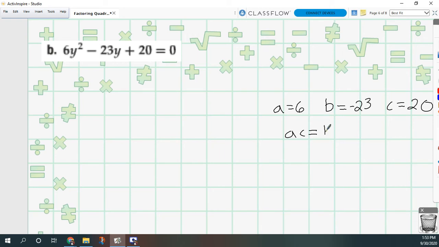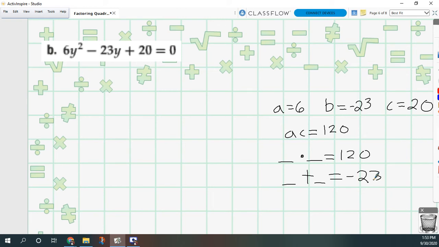Well, 6 times 2 is 12, and then I add my 0. So I'm looking for two numbers that multiply together to give me 120, but they also have to add together to give me negative 23.